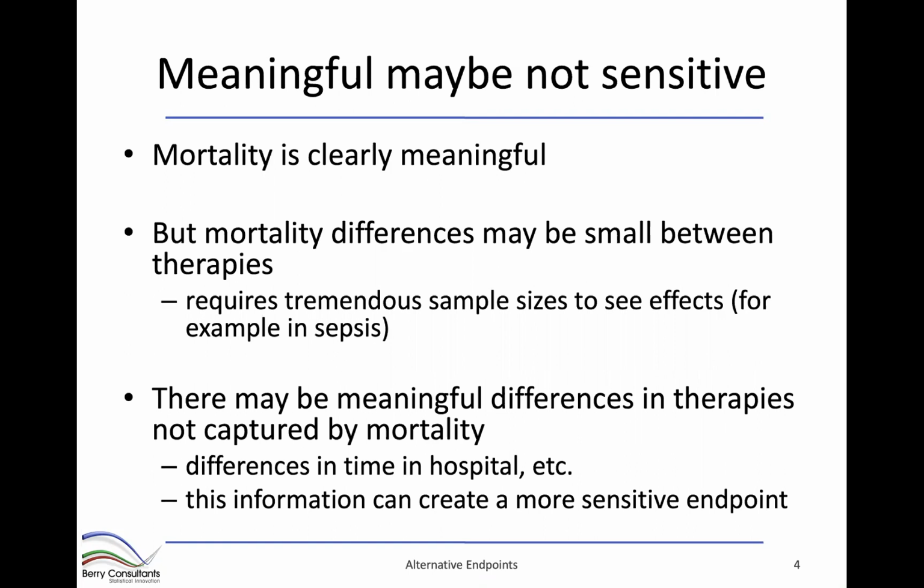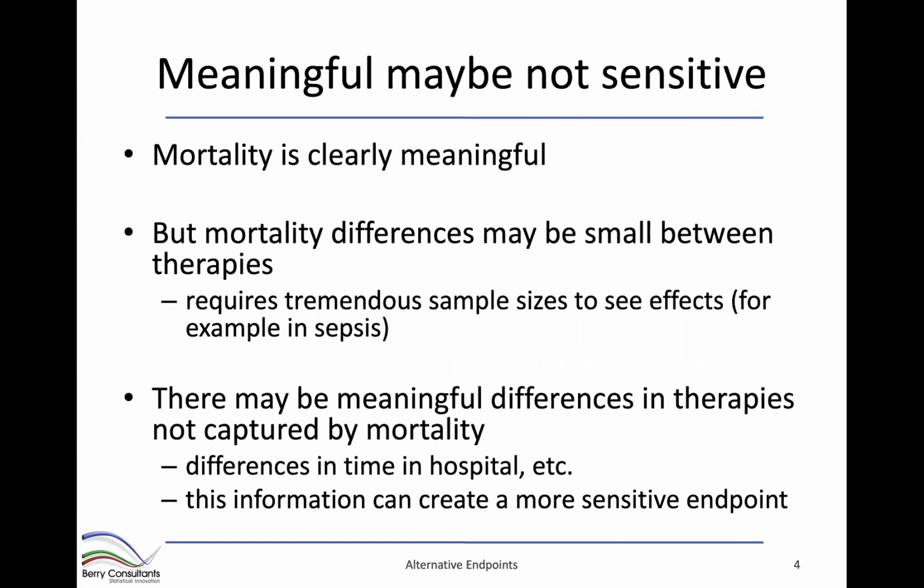And those kinds of changes require thousands upon thousands of patients to observe. So it's very hard for us to design a trial that handles mortality in many cases. We want to look for something that would let us conduct a smaller trial, but still retain some meaning.